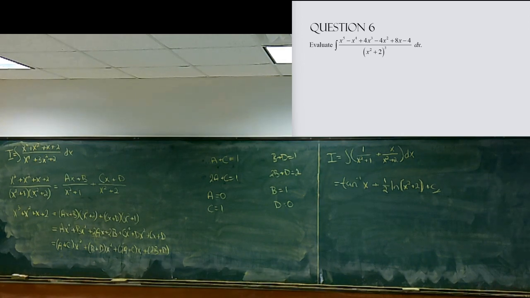So be warned, with the method of partial fractions, yes, you can have an inverse tangent antiderivative. If you get a repeated irreducible quadratic, it could be possible to get something like x over x squared plus 2 squared.